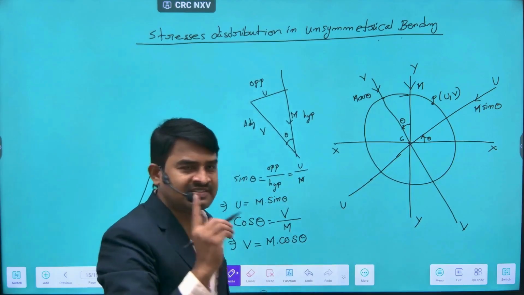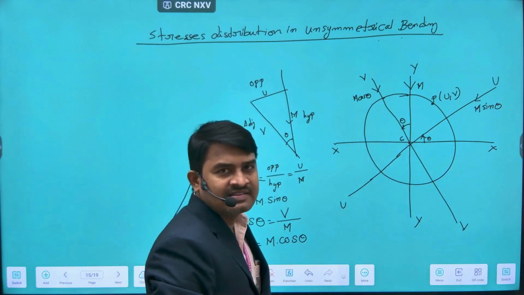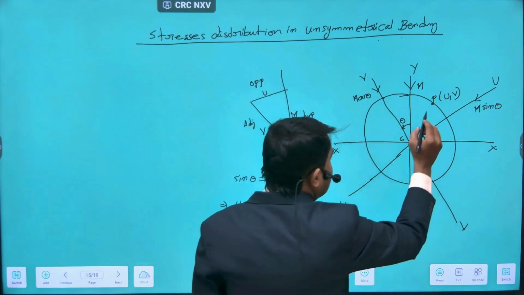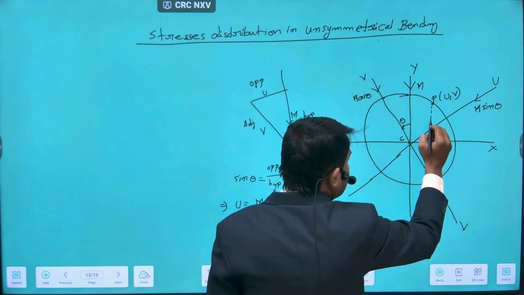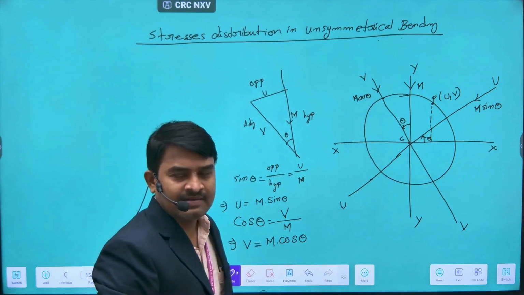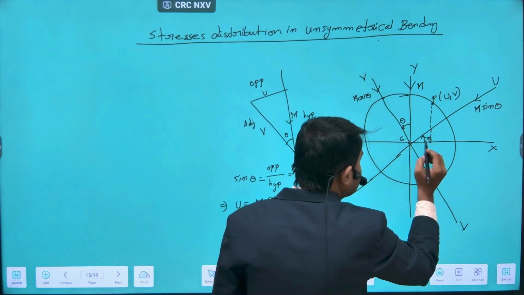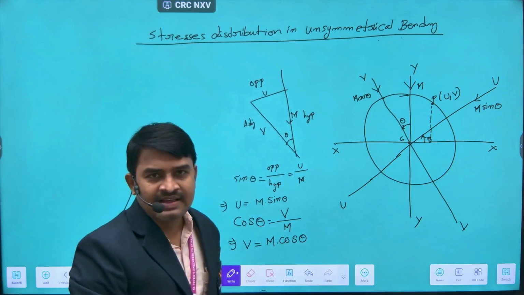The first step is to identify one point on the periphery of the circle. The next step is to draw a line parallel to the axis YY, the vertical axis. The line meets the x-axis here.